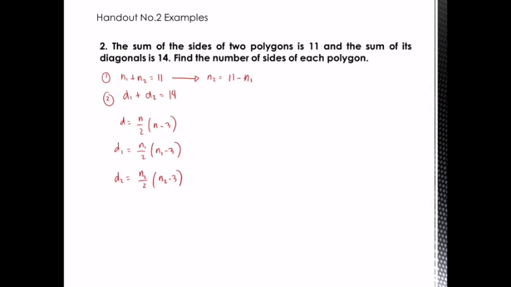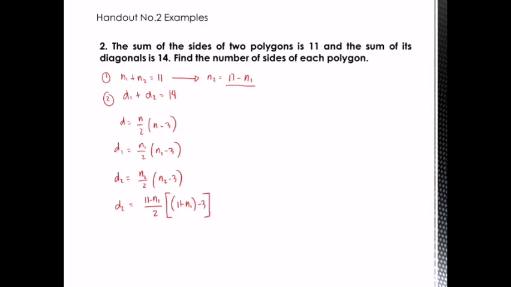And so, if we substitute n2 into this, your D2 is now equal to n2, which is 11 minus n1, over 2 times n2 minus 3. So your n2 is 11 minus n1 minus 3.